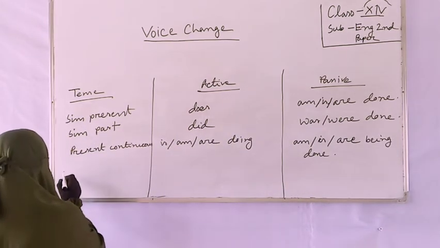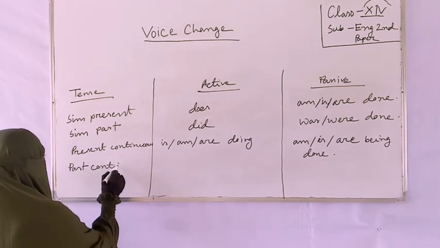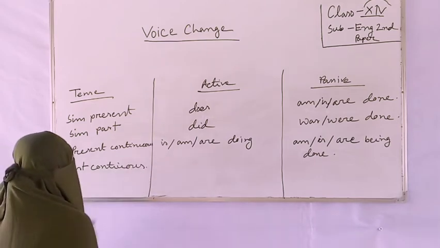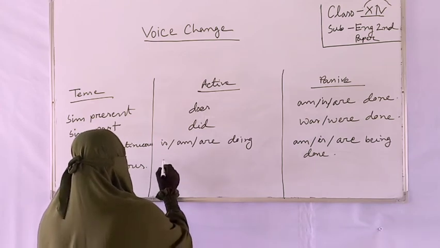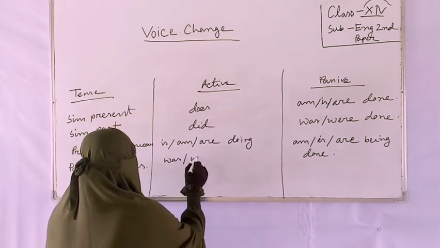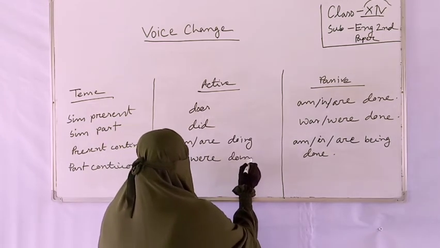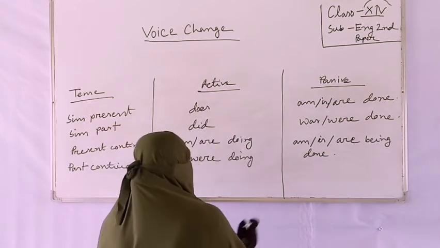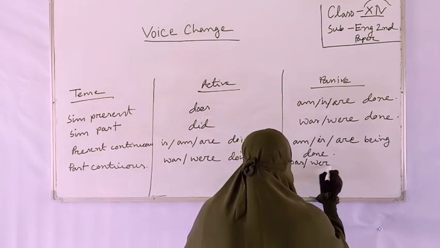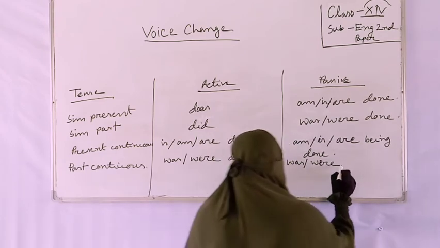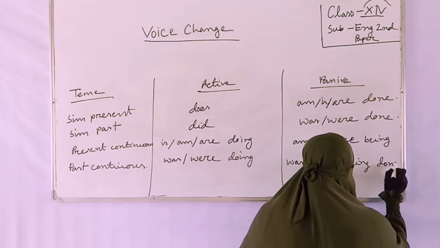Then past continuous. In this case, active is was or were doing, and passive is was or were being done.